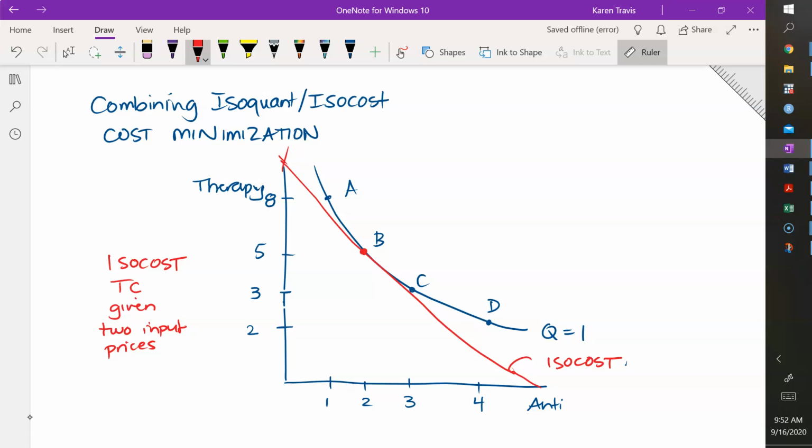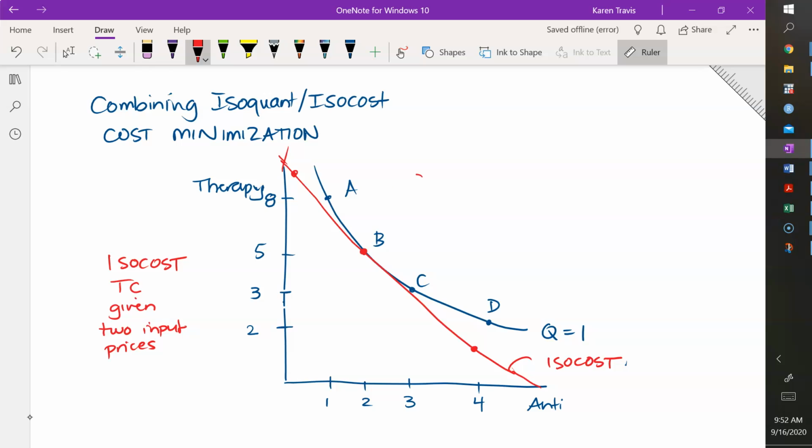Now, I can spend at other points also. I can spend the same total cost over here, but then I'm not able to reach the isoquant in order to serve one patient. And I can spend the same amount over here, but I'm also not able to reach that isoquant.